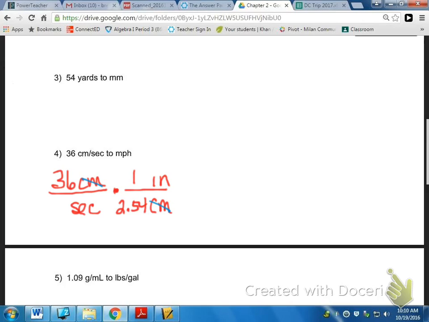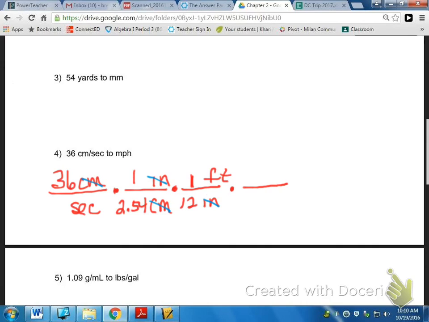Okay, let's go on to the next part. I want to switch from inches, so inches on the bottom. What's the next thing I know? Feet would go on top. What numbers am I going to use? 12 inches to 1 foot. What units am I going to mark out? Inches. I'm not there yet. I'm just at feet, so I need to go one more.